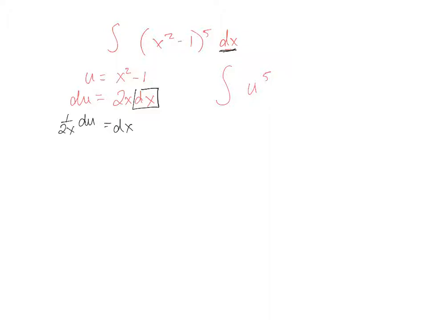When I go to replace this dx with its du equivalent, I cannot have an x variable still in my equation. Because right now, what I'd be replacing dx with would be 1 over 2x du. This does not work because of that x variable. That means that in this case, u substitution would not work.